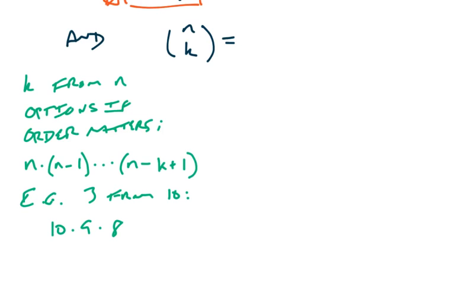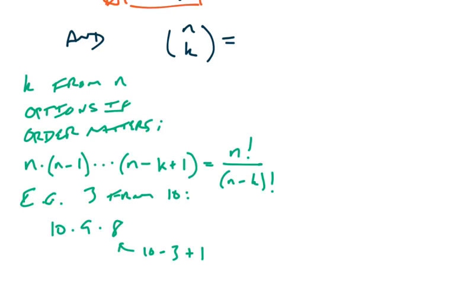And notice that 8 is 10 minus 3, but that's 7, so add 1 to it. Alright, so that's where this n minus k plus 1 thing comes from. And as you've already seen in the reading, this can be written as n factorial over n minus k factorial.